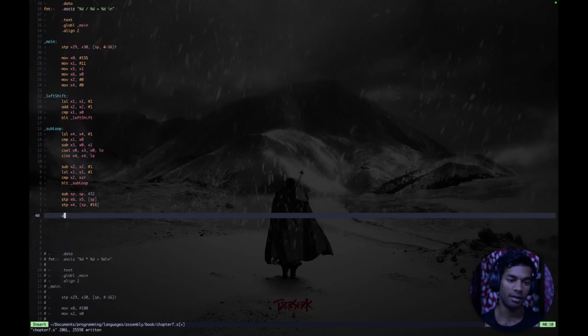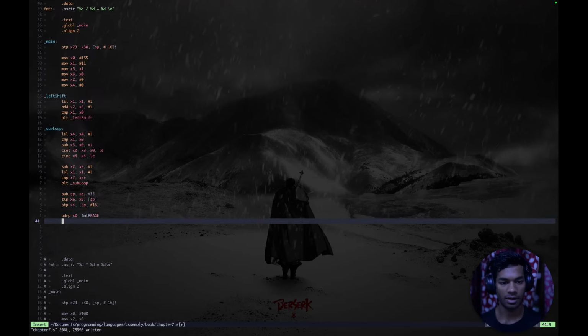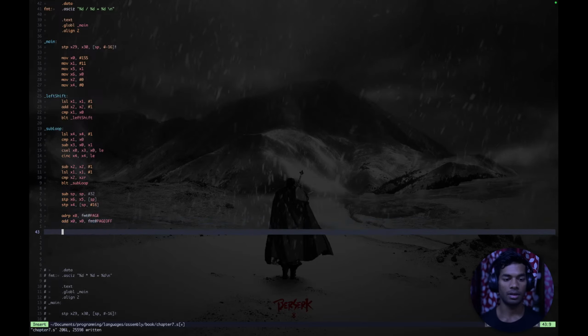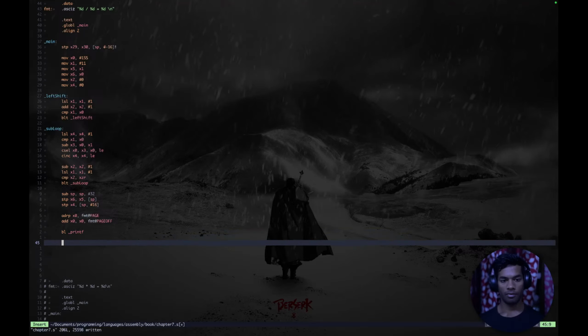I will get the address into the 0th register for the format string by first getting its page address and then adding the offset to it, page offset, and then I can just branch link to printf.